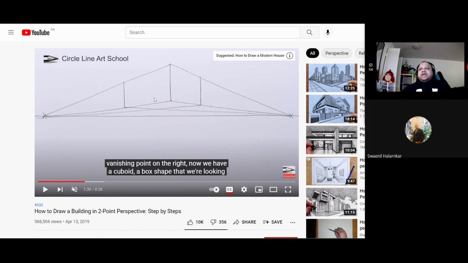See, in 2 point, you can see these vertical lines are straight, but these lines are at an angle, there is some angle to the top and bottom edges, and that bending is happening. The perspective is about the bending, the angle which happens.